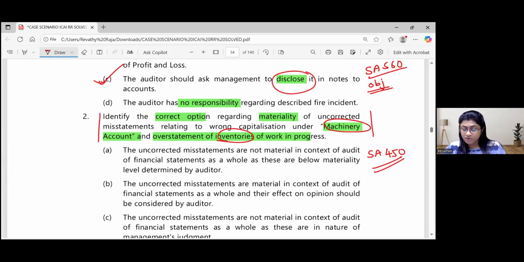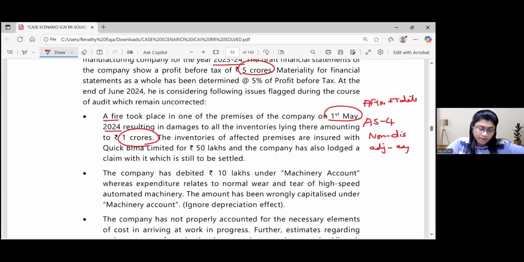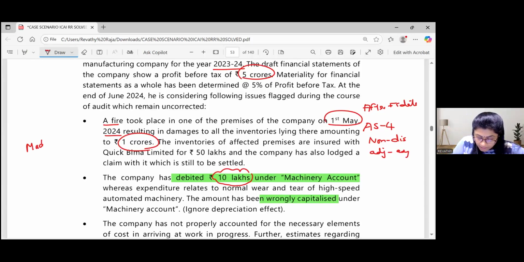Now, can you go in search of both the machinery account wrong capitalization and the work in progress of inventory? How much is the amount of machinery wrong capitalization? Read carefully. Machinery debited is 10 lakh, which is normal wear and tear wrongly capitalized. It is only 10 lakh.